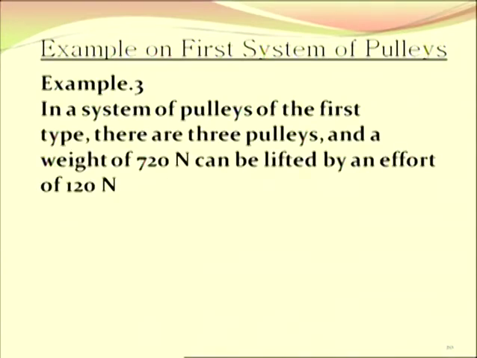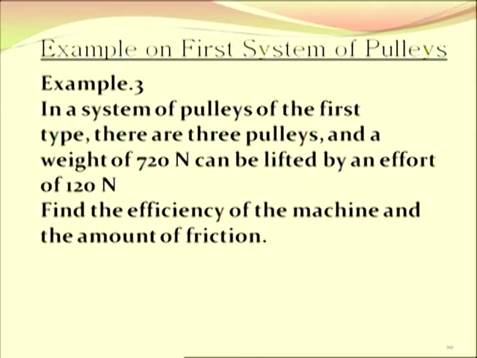Here is example number 3. In a system of pulleys of the first type, there are 3 pulleys and a weight of 720 Newton can be lifted by an effort of 120 Newton. Find the efficiency of the machine and the amount of friction.